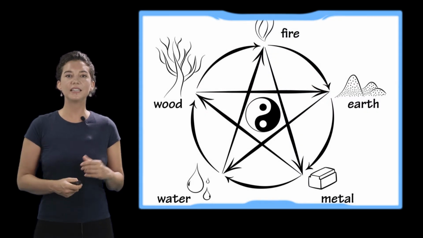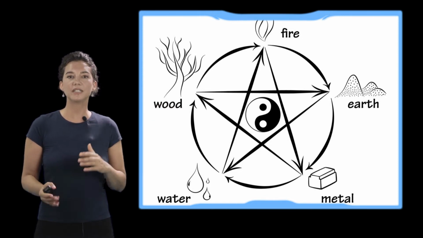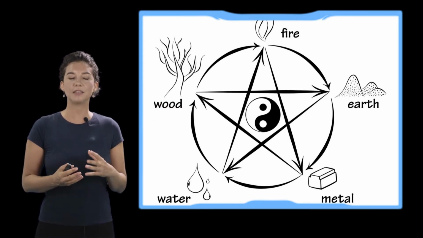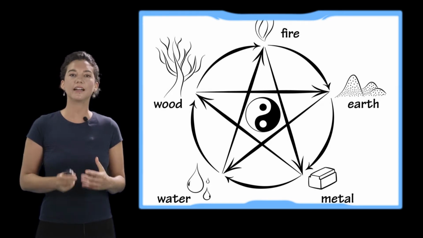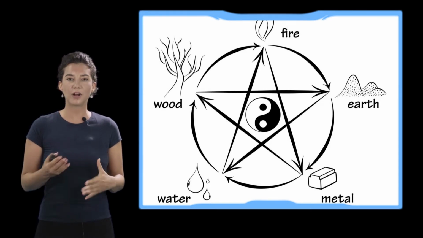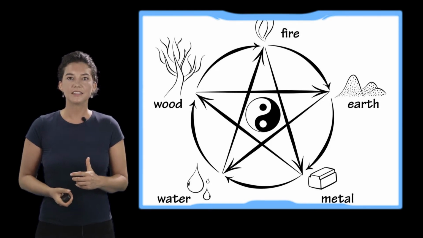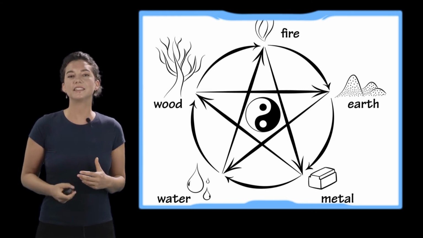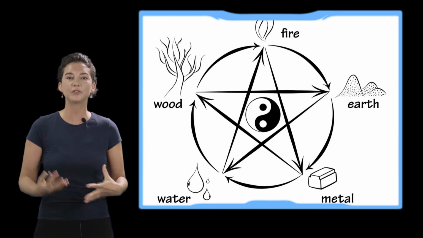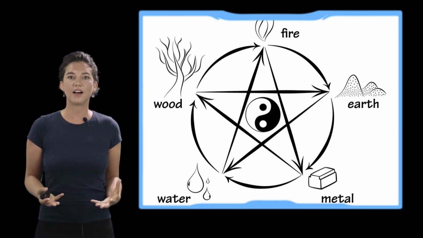So let's talk a little bit about this chart, this diagram, which is explaining how the 5 elements are generating one another. The arrows on the outside of the circle describe how each element is generating the next. Fire generates the earth element, and this is seen in nature by fire creating ash, which then nourishes the earth.